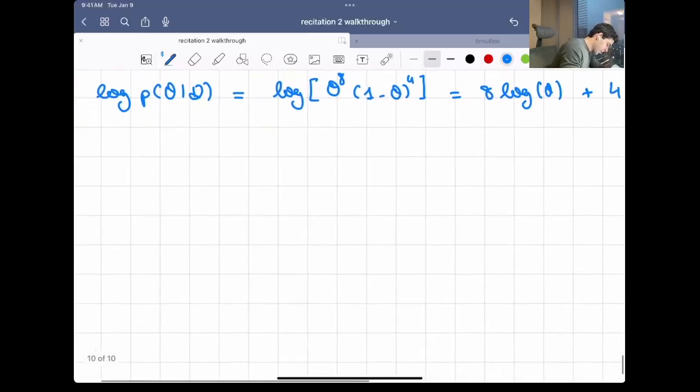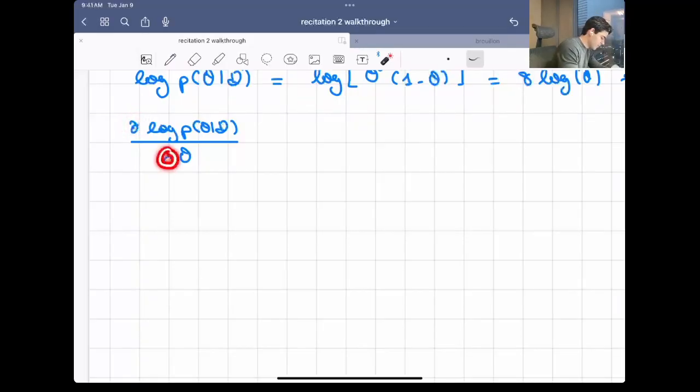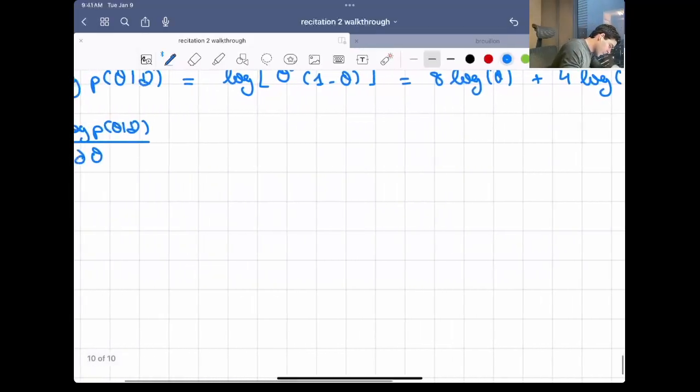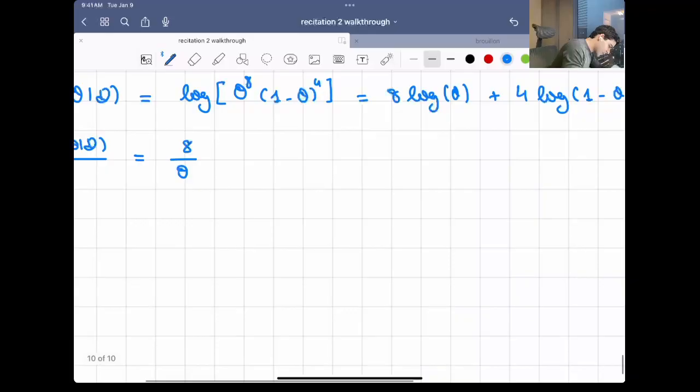Let's differentiate this. d log p of theta given data over d theta. This is a partial derivative. Sorry if my handwriting is not clear. What is this equal to? 8 over theta minus 4 over 1 minus theta.